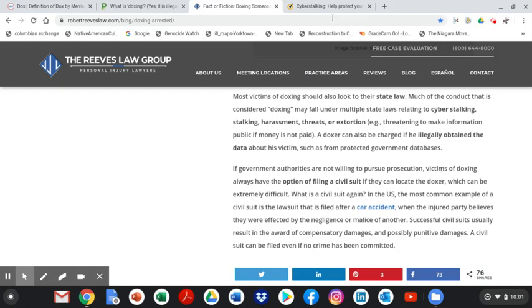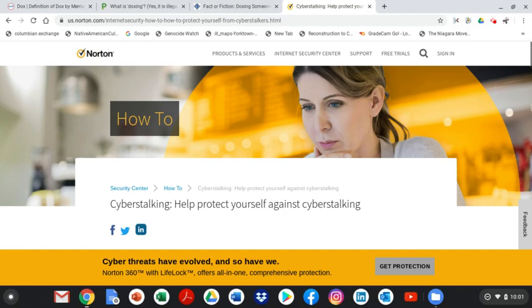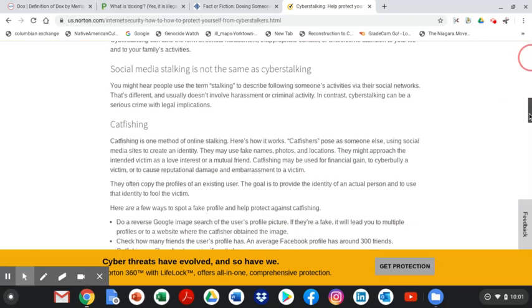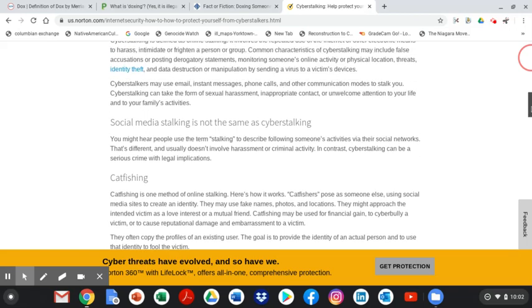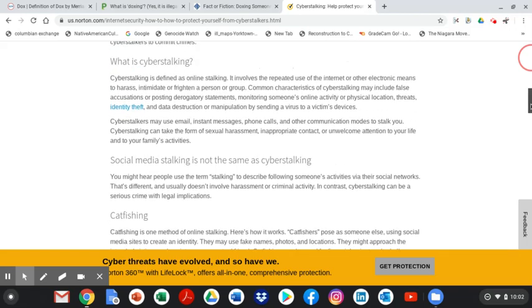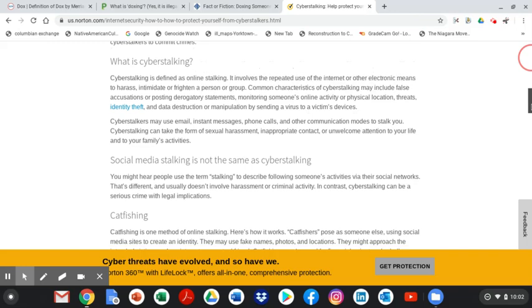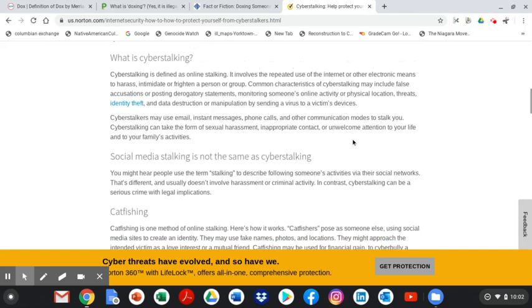Also, Norton has a really good website that helps people to protect themselves on social media so that they don't become victims of cyberstalking or doxing. I know for me personally, this is why on most of my social media accounts, I don't use my name.